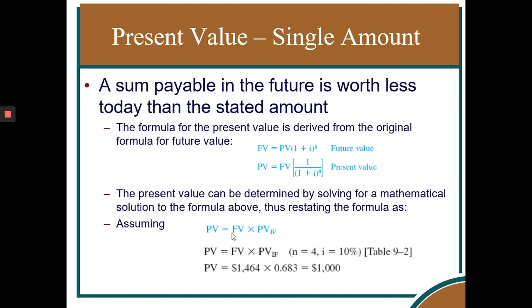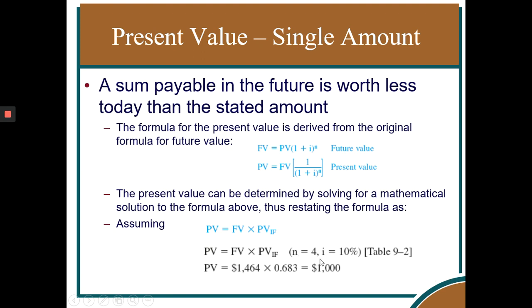Let's calculate the same example by calculating the present value. So your future value was 1,464. Of course, you can use your table. Now use the present value table.